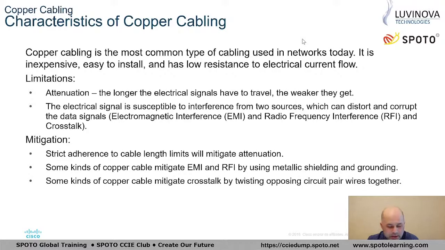Mitigation. Strict adherence to the cable length limits will mitigate attenuation. Some kinds of copper cabling mitigate EMI and RFI using metallic shielding. So some copper cabling has a lot of shields inside to prevent this distortion.